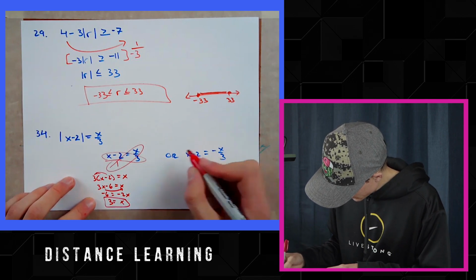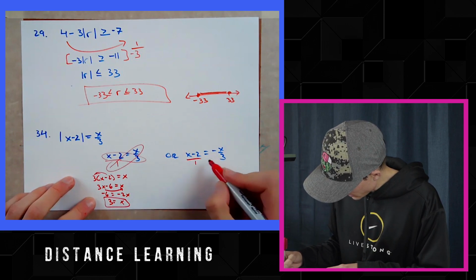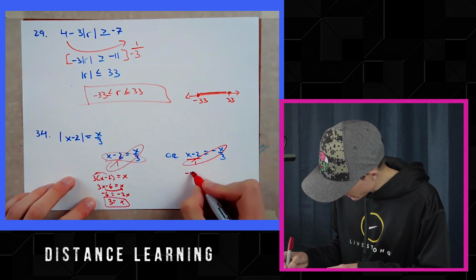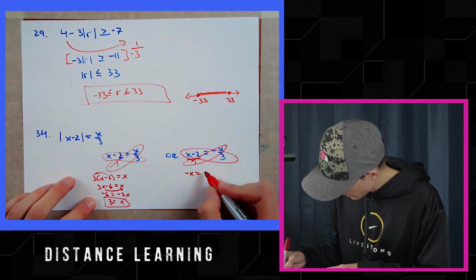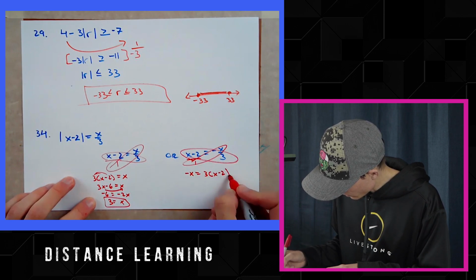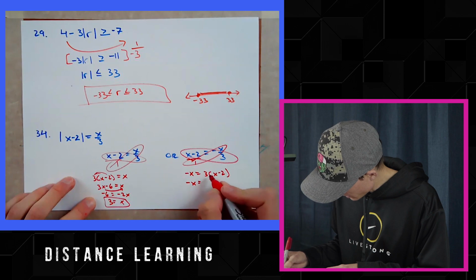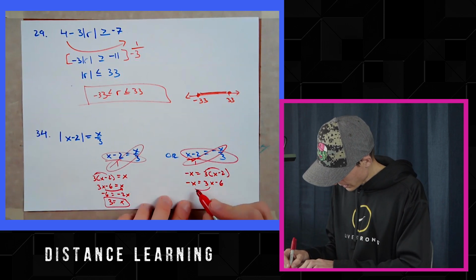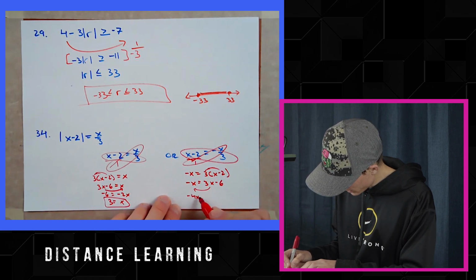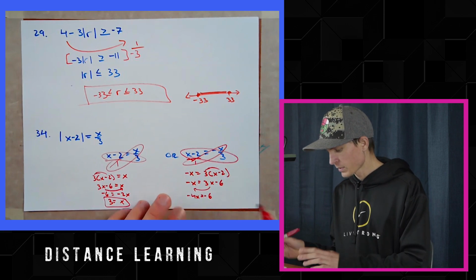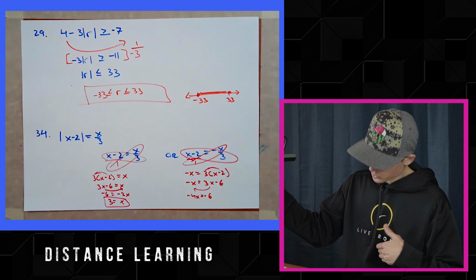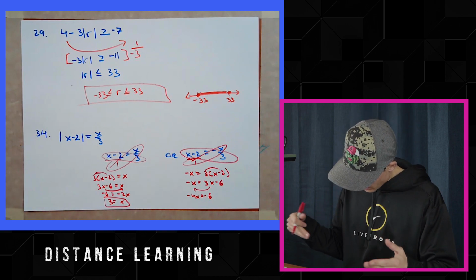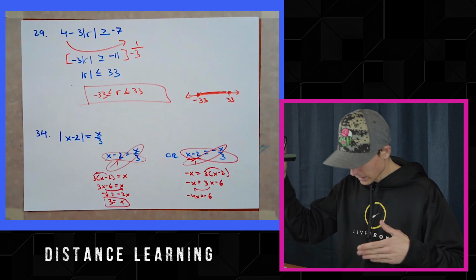Or, cross multiply this one: minus x equals 3 times x minus 2, negative x equals 3x minus 6. Move that over, so minus 4x equals minus 6. You're going to divide by minus 4, which would be negative 6 over negative 4, which would be positive 6 over 4, which would be 3 halves.